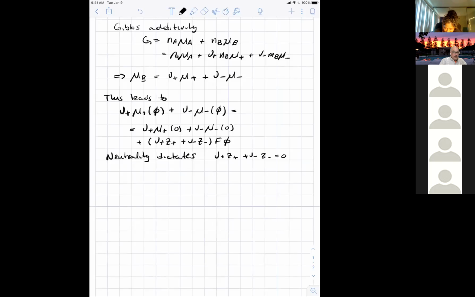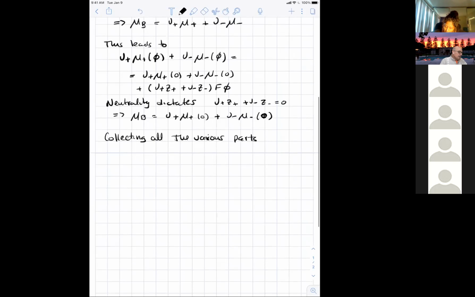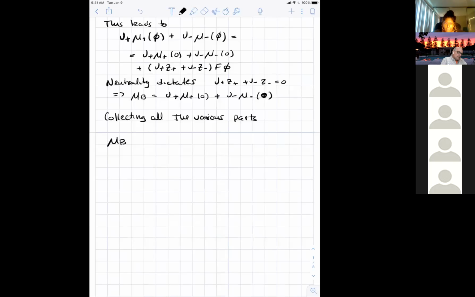So that means that the field dependent term goes away again, and we're left with a relatively simple looking expression that doesn't depend upon the field. If we collect all the various parts together, as we did last time, this includes the reference and so on, what we end up with is this expression.